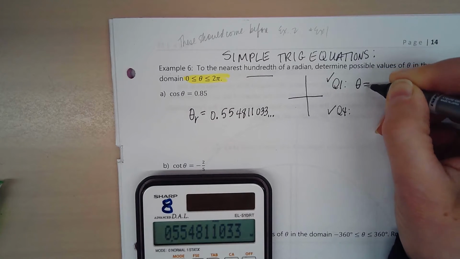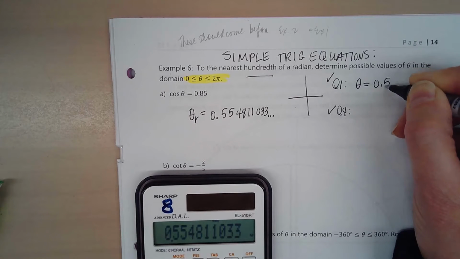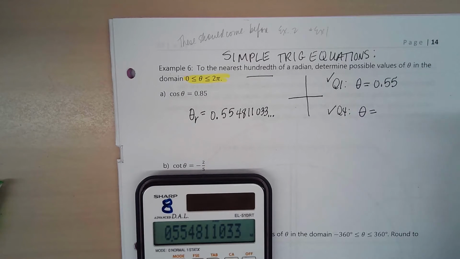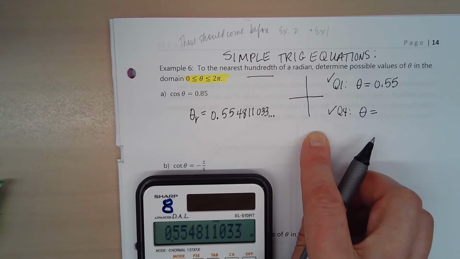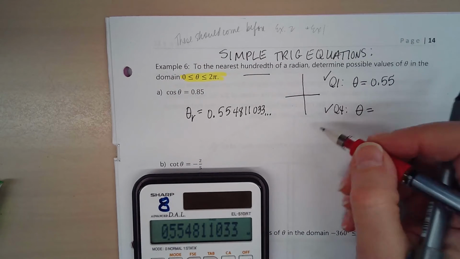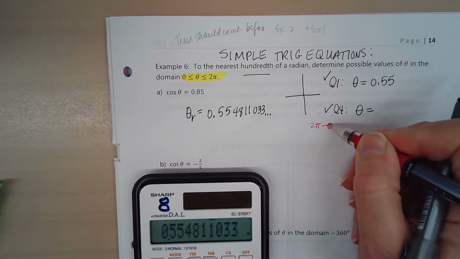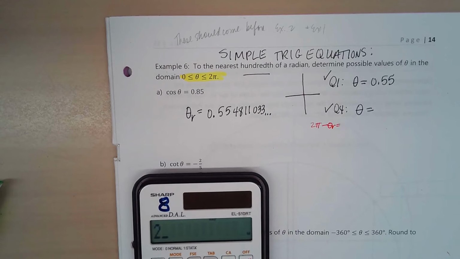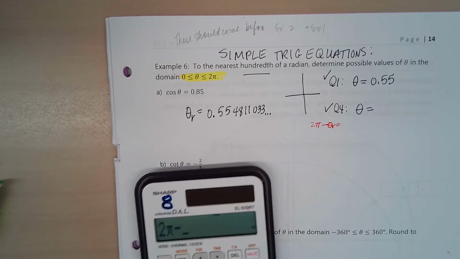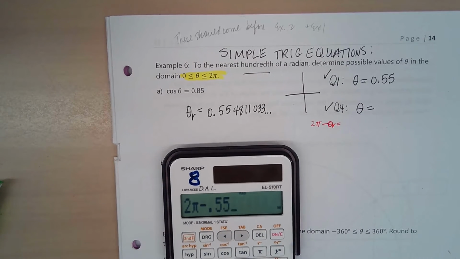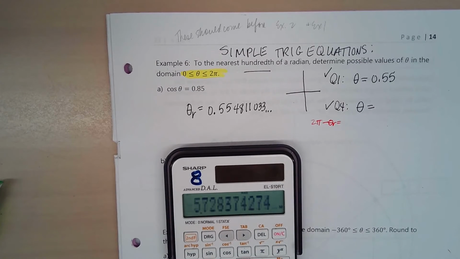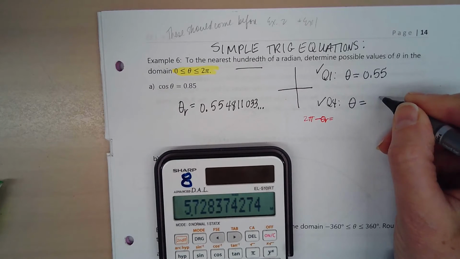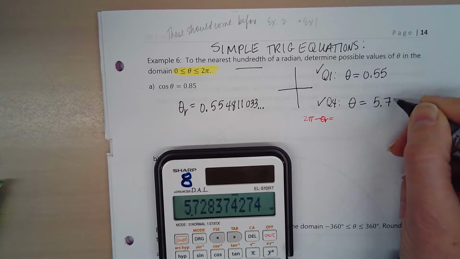In quadrant 1, it's going to be equal to 0.55. In quadrant 4, how do I find my quadrant 4? 2 pi minus my reference angle. So I'm going to go 2 pi minus 0.554811033. I know that's a bit of overkill, but I want to make sure I don't get a rounding error. 5.73.